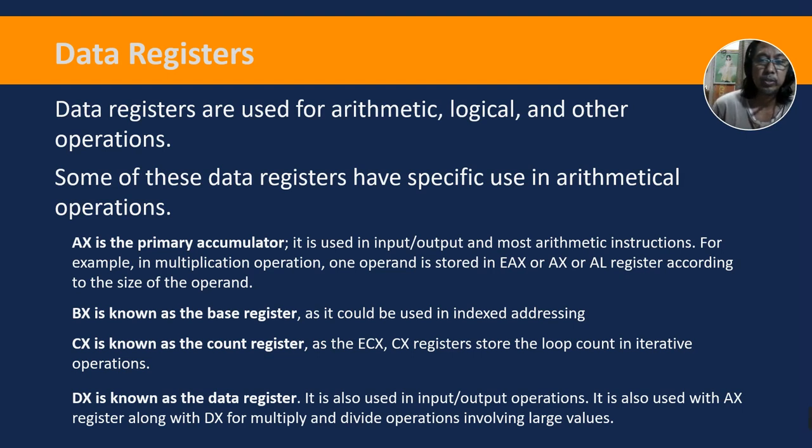It is also used with the AX register along with DX for multiply and divide operation involving large values. Like if you're going to display hello world, you usually use DX where you put your data. That's why one of the special uses for DX is for data.